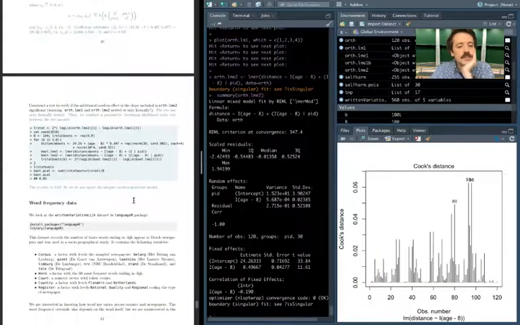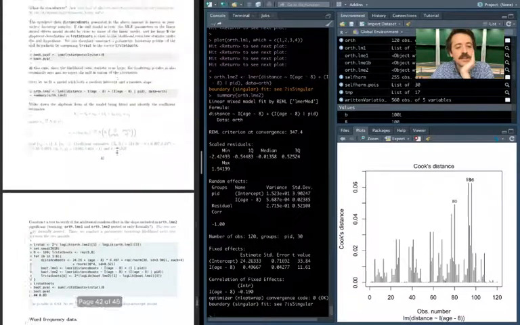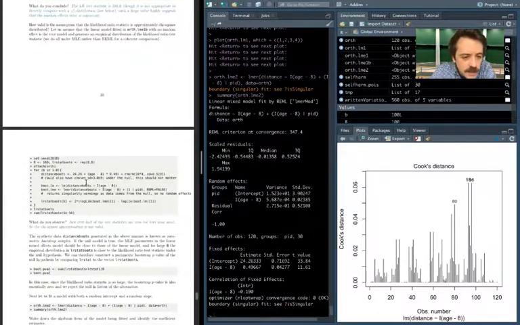So, no one asked about this, so let me see, I think it's here. There is a comment here that more than one person is probably going to be wondering about once you digest the practical, which is that in the standard deviation, we took the value coming from the fit of the alternative model, and this would have been the same as taking the standard deviation from the fit for the null model.